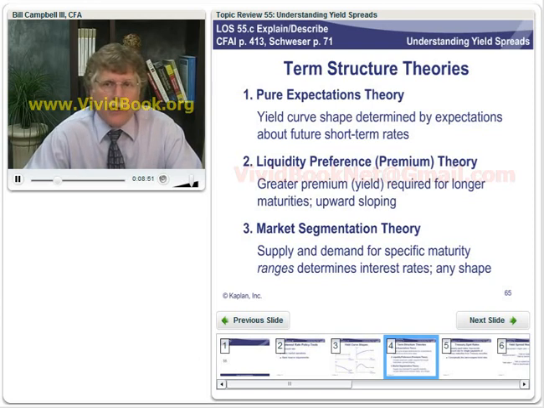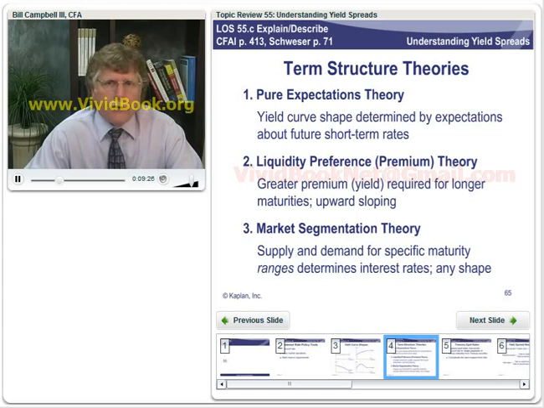Because they need a premium for longer term yields, the liquidity preference theory does a good job at explaining a normal yield curve, an upward sloping yield curve. It has a much more difficult time trying to explain a flat or, even worse, an inverted yield curve. Pure expectations can explain pretty much any shape of a yield curve. Liquidity preference does a good job at explaining normal yield curves, not so good a job at explaining pretty much any other shape.